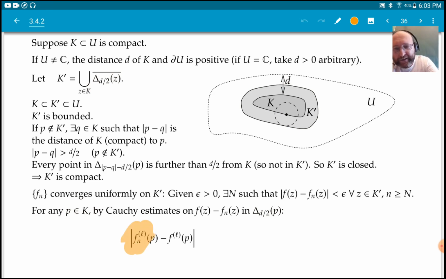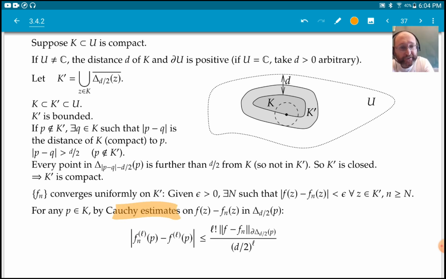And we look at the difference between the Lth derivative of the nth function and the Lth derivative of the limit function, right? We want that to be bounded by something that's uniform over K, right? And so now we apply the Cauchy estimate to this because that's a holomorphic function, right?